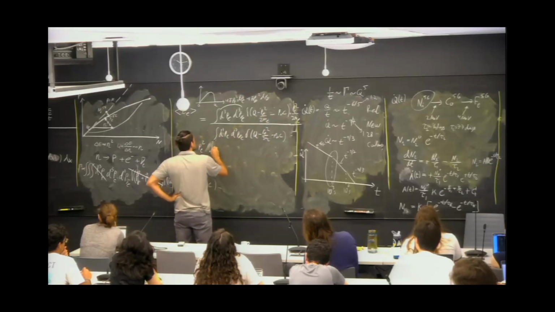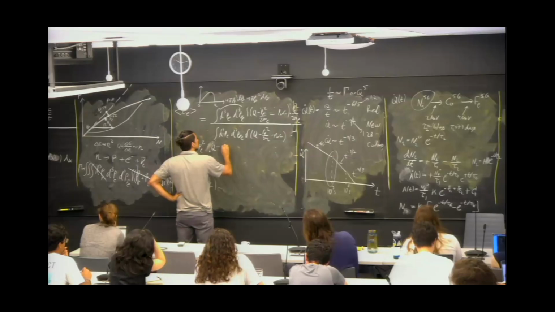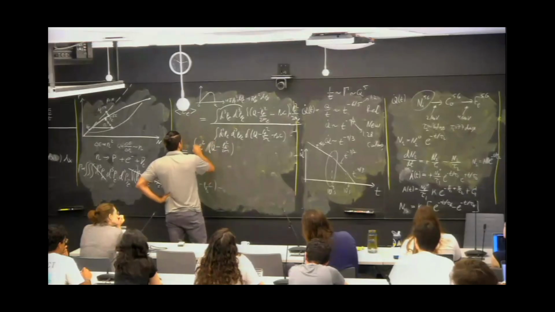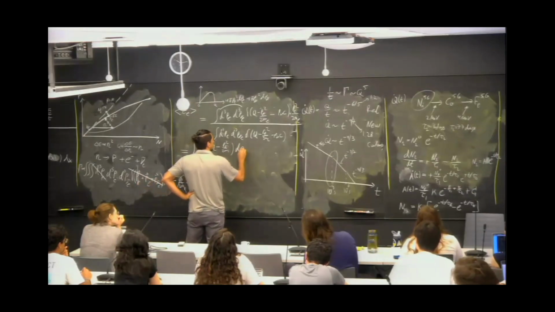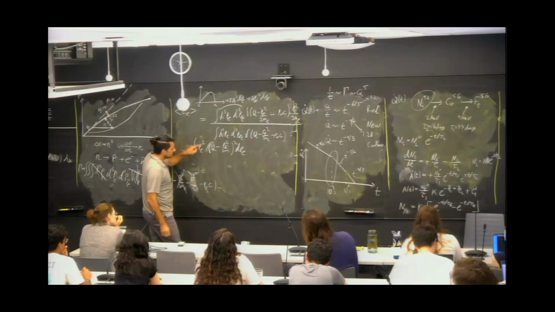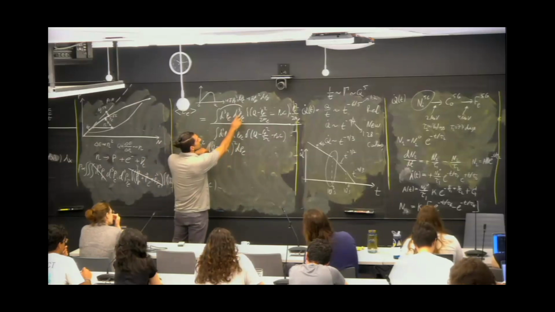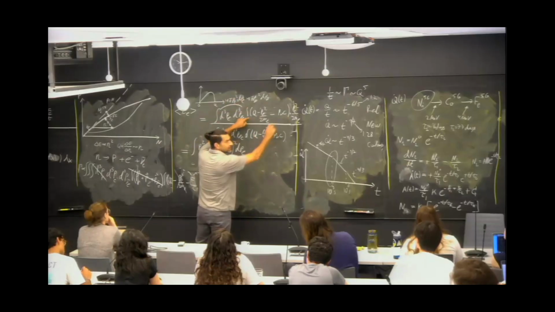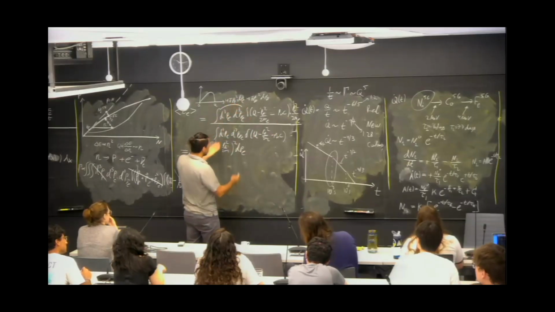It's Q minus p electron squared over 2m. So this is p electron squared, p neutrino squared, dp neutrino went away with the delta function, dp electron is still here.